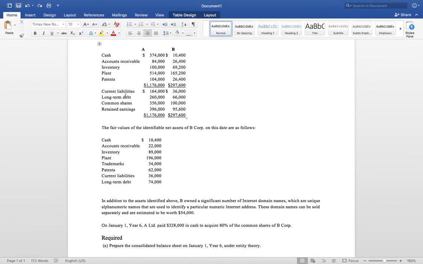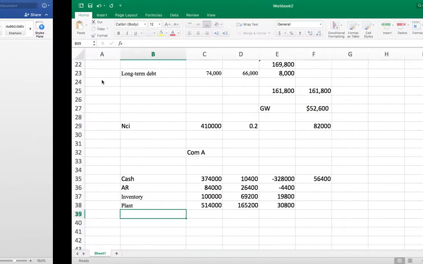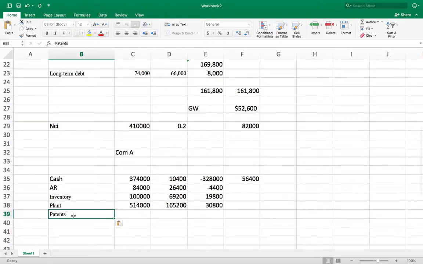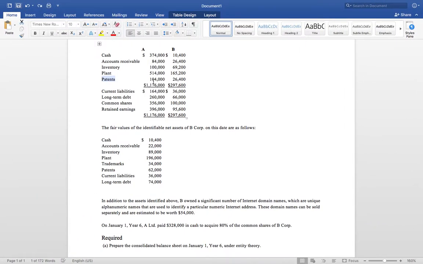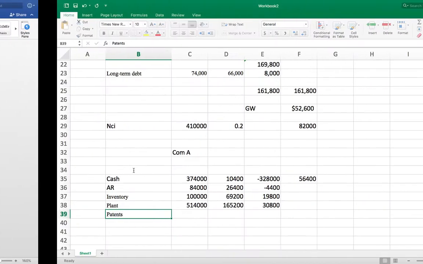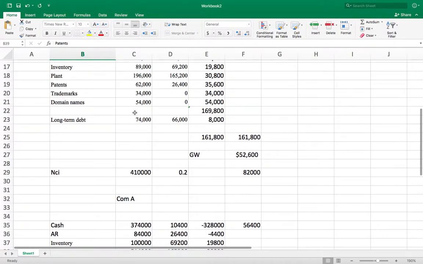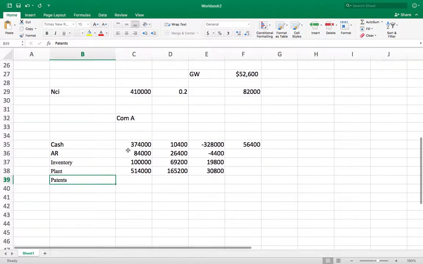After that, we have patents. Same thing again, 104,000, 26,400, and the difference between these two. This one between two was 34,000.